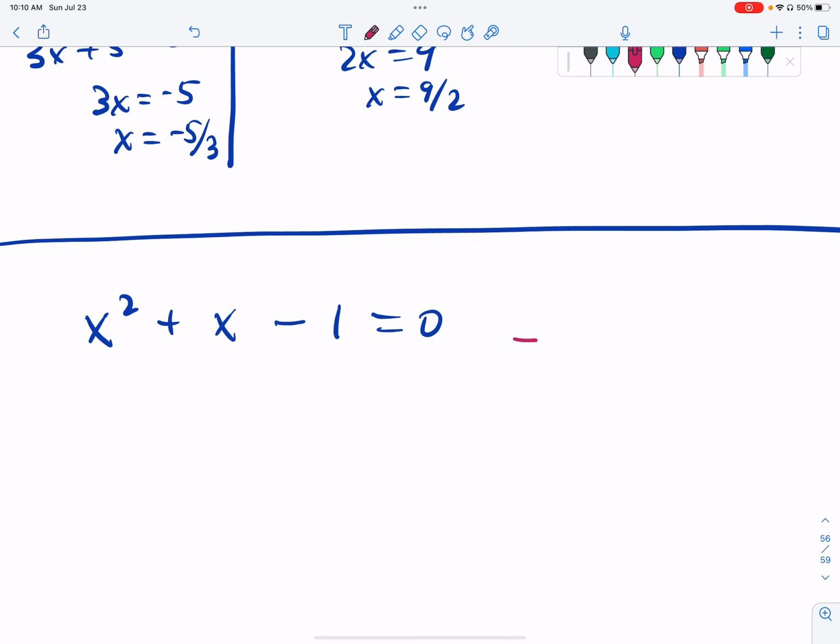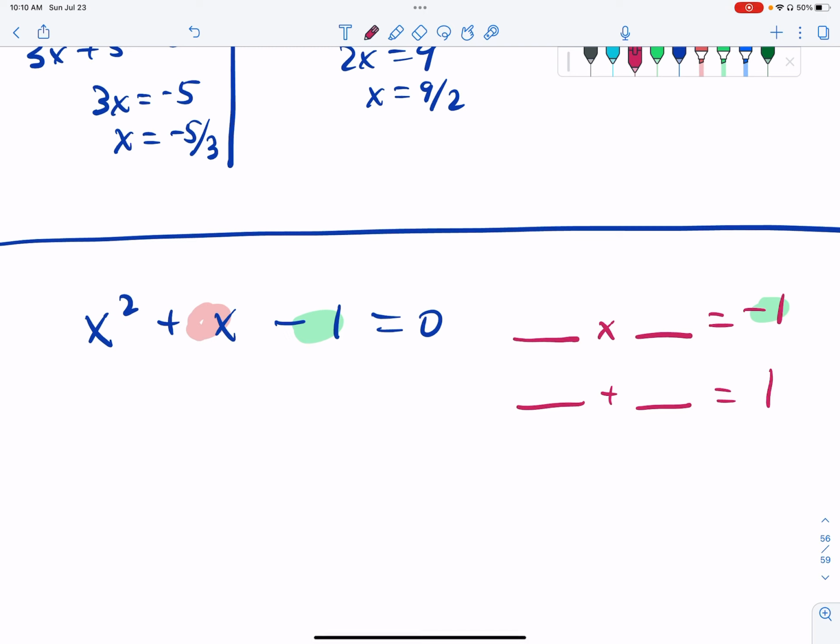Let's play our factoring game and go, what times what is equal to -1? That's this -1, the C value there. And whenever I add them together, I get the leading coefficient of the x term, which is just 1, so +1.